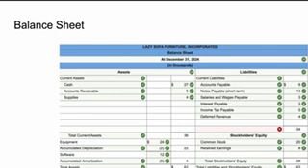Here is the example of our balance sheet, and the way we prepared this, we listed all the assets, all our liabilities, and all our stockholders' equity accounts from the adjusted trial balance, and we confirm that total assets equal total liabilities plus equity. And here we have 62 and 62, which means this is correct.